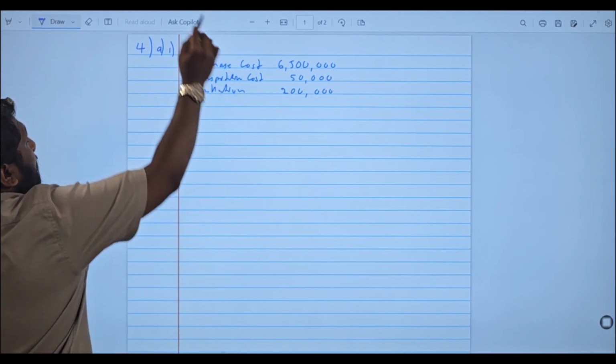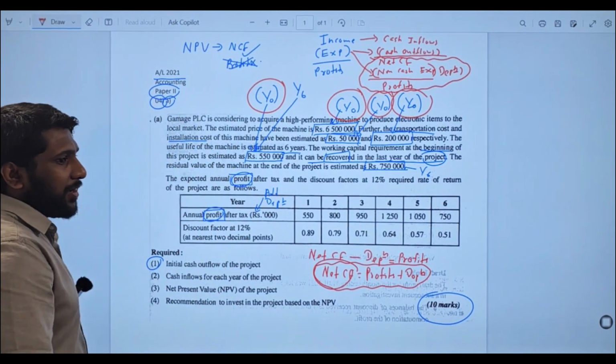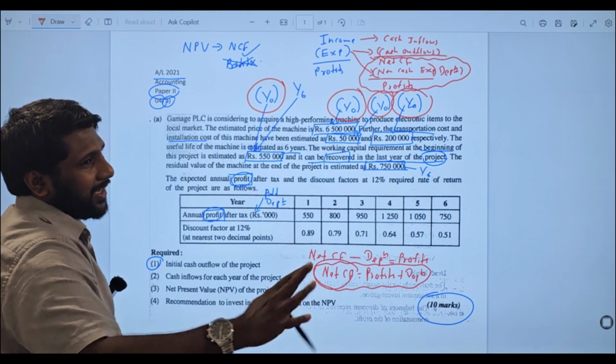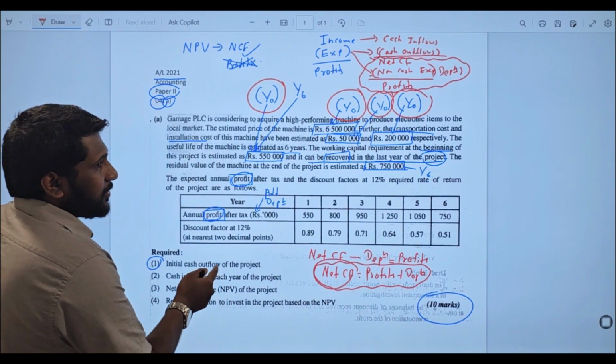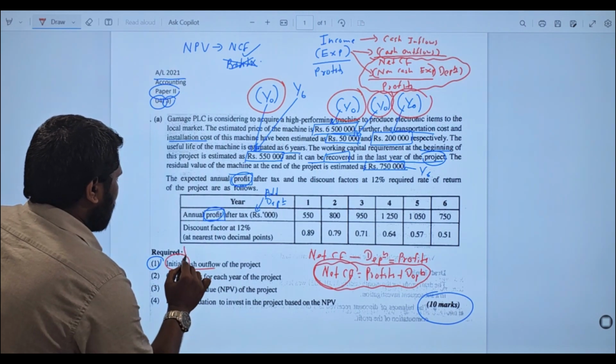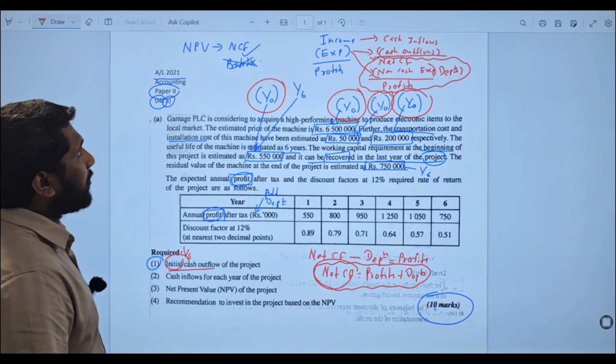Not only that, for working capital purposes I have to give 550,000. Later I will get it back, but that's a different scenario. In this one, what they are asking is the initial cash outflow, that means the year 0 cash outflow of the project.